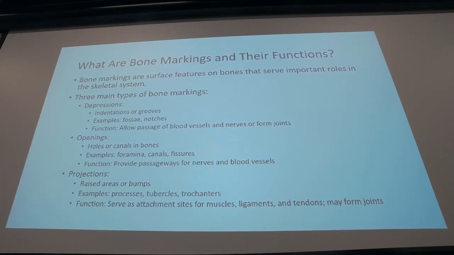The depressions are indentations or grooves. They can have a little groove there, and this allows the passage of blood vessels, nerves, or helps to connect with other bones to form joints. Examples of these depressions are fossa and notches.